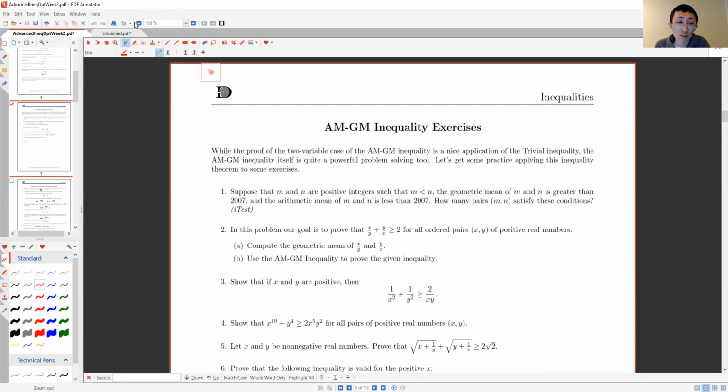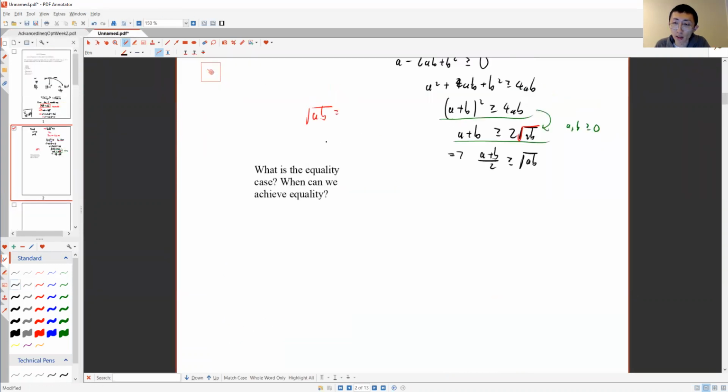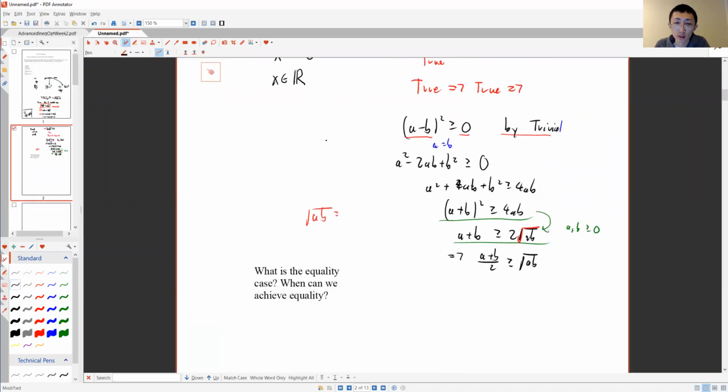You have to work backwards to solve it and then reverse your steps to write the proof forwards. So maybe I should type that in: a lot of inequalities, you solve it backwards, but write the proof with forwards logic.